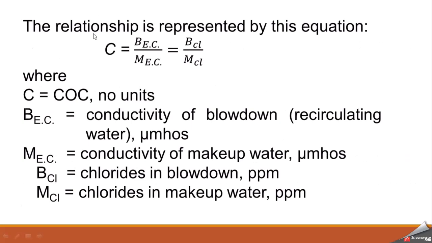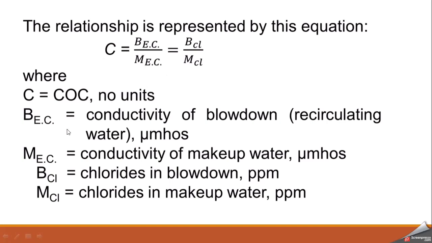So the relationship is COC is equal to the blow down electrical conductivity divided by makeup water electrical conductivity, or blow down chloride divided by makeup water chloride. And so there is no unit of COC.